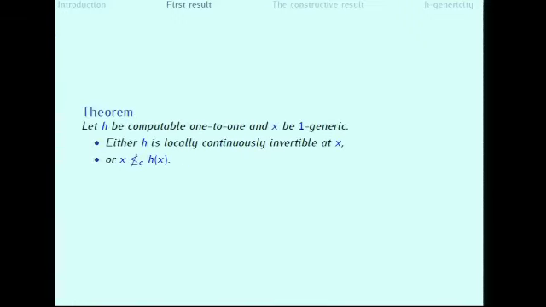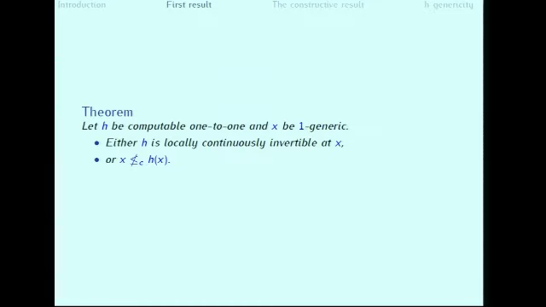And the first result is that, we already have something interesting, that if you have a computable one-to-one map, if a point is sufficiently generic, then either the function is locally continuously invertible at x, or x is not computable from h of x.